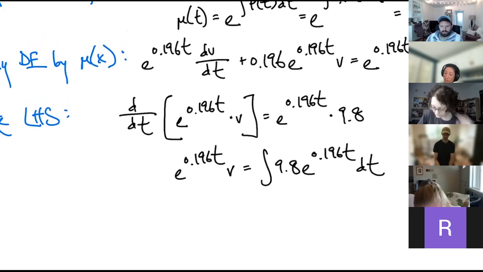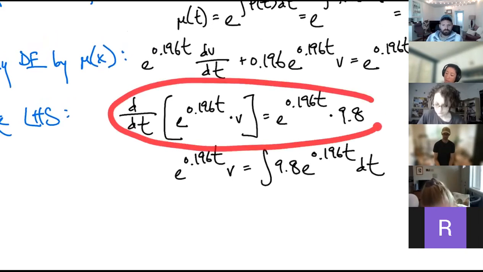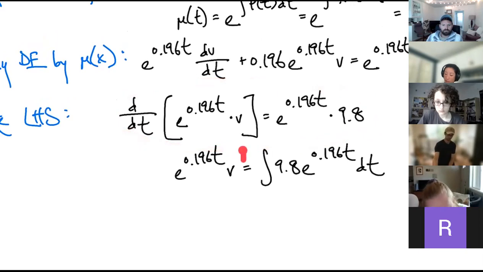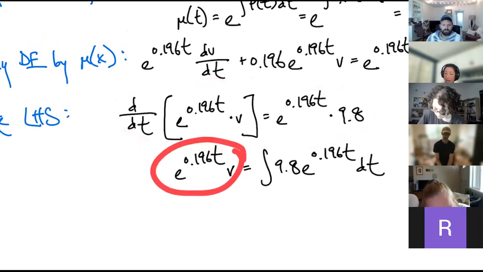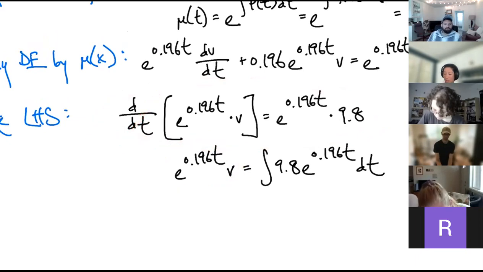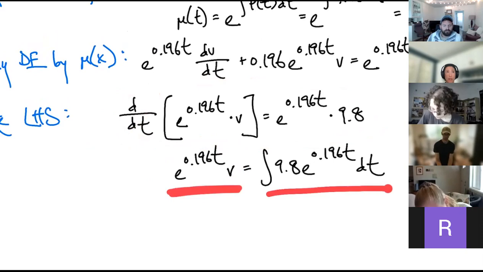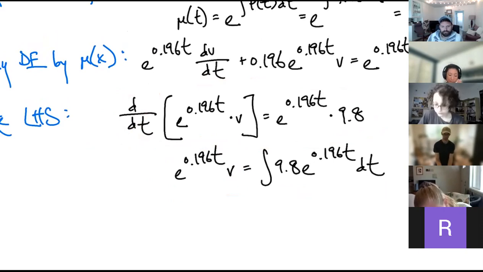In some of my answer keys, you may see me skip this step because I know that I'm going to have a product, a derivative and an integral, so I don't write that part and I just show what I'm left with after I integrate both sides, okay?